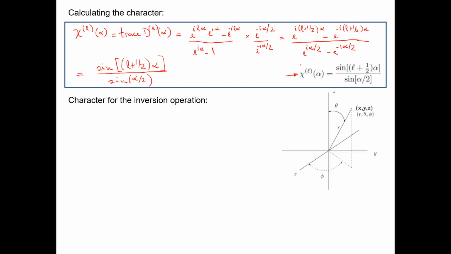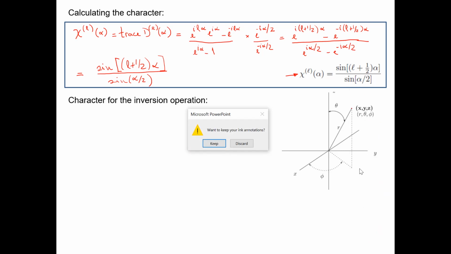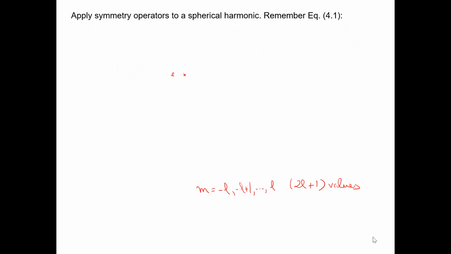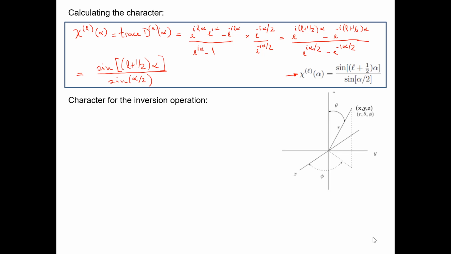If we think about inverting the position of a certain point of a function, so instead of calculating the function at this point R, I calculate at the point minus R. So it's not very good, my drawing here, but this is the minus R. This is R, some vector R.